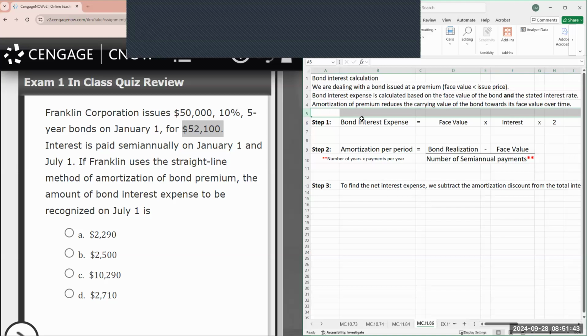But to solve this problem, we would approach it as follows. So we need to first determine what is the bond interest expense? How much do we promise to pay them? So we calculate as follows: the face value, which is $50,000, multiplied by the interest, which is 10%. So I'll put 0.1 multiplied by 2.